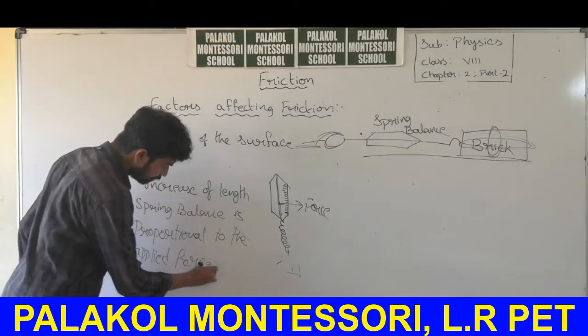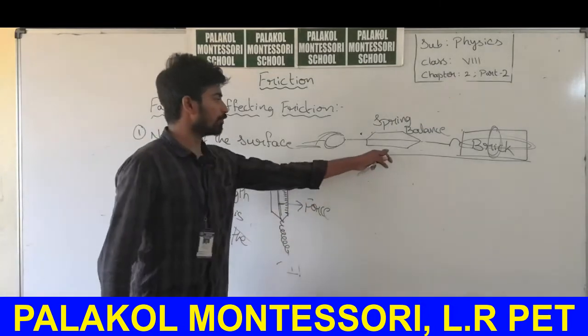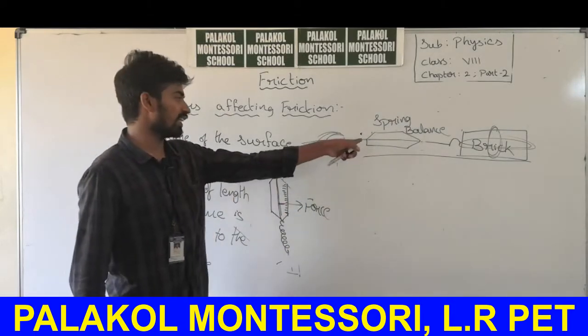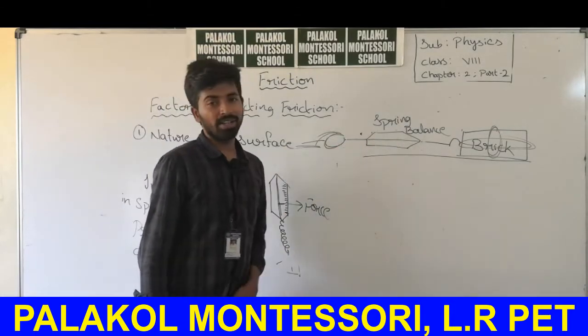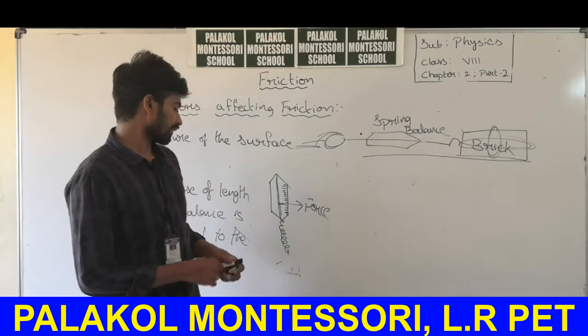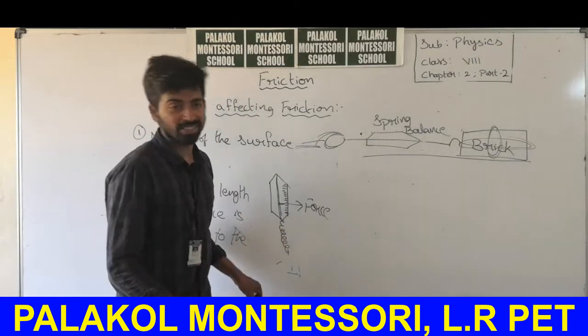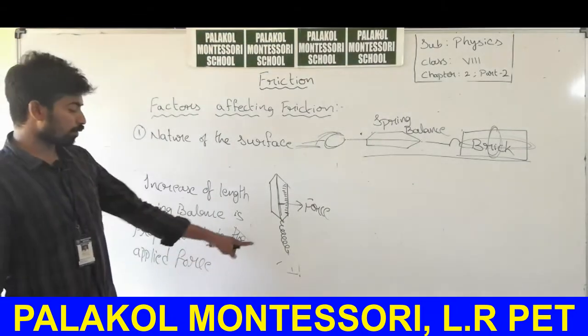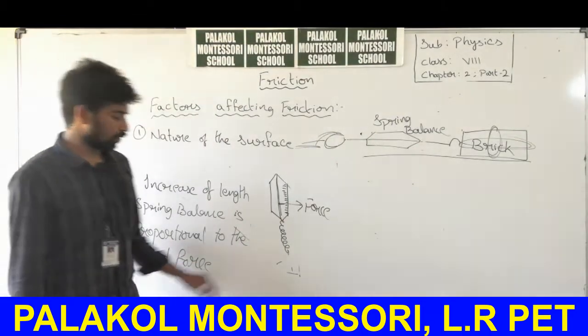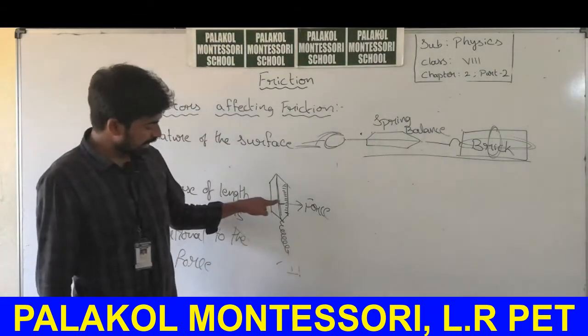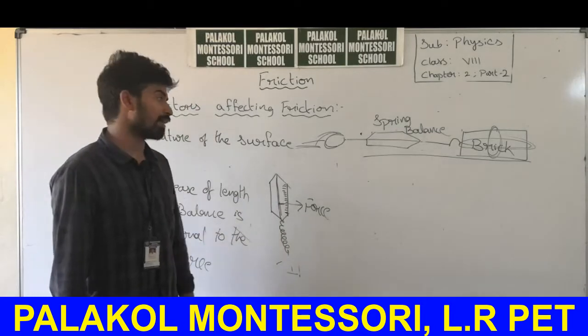So, this spring balance will help you to find the applied force. That is why you have connected a spring balance to the brick. The principle that works in the spring balance is that the increase of length is proportional to the applied force. So, this applied force will be given by this spring balance.